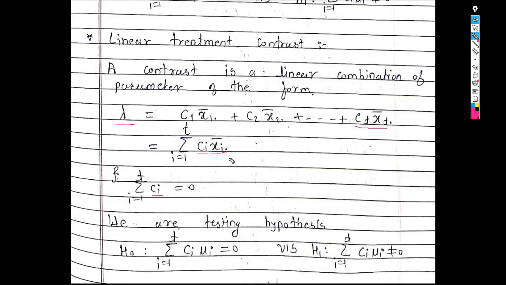Here x1 dot bar, x2 dot bar and xt dot bar are treatment means: x1 dot bar is the mean of the first treatment, the next is the second treatment mean, and xt dot bar is the tth treatment mean. How do we define the hypothesis? H naught: summation over i of Ci mu i equals 0, versus H1: summation over i from 1 to t of Ci mu i is not equal to 0. So this is the hypothesis for a linear contrast.